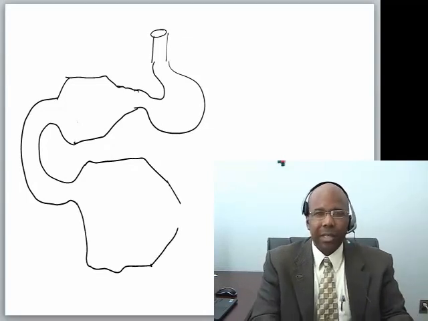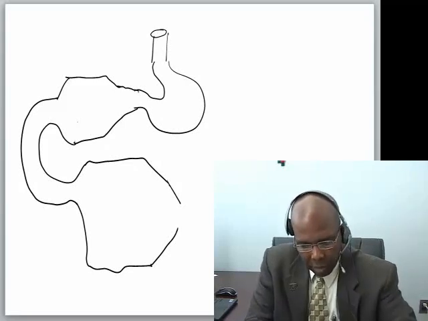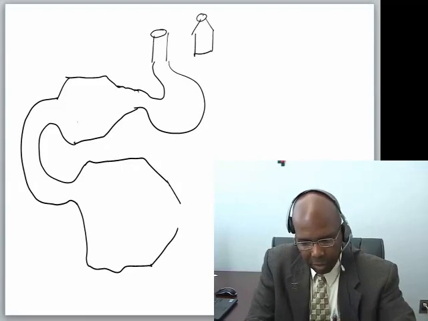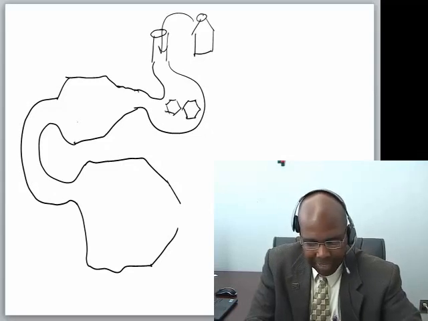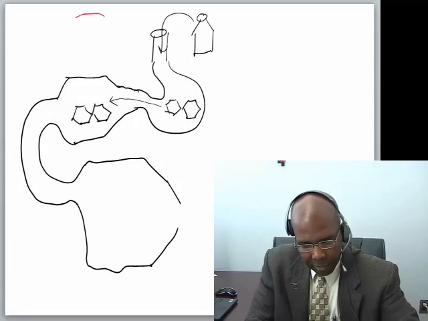So when you drink milk, I don't have any milk here, so let's just draw milk. Here we have a container of milk. Does the body good. The milk goes in, then you have the lactose here, and the lactose is going to pass into the small intestines. Now, the small intestines are very closely associated with the bloodstream.